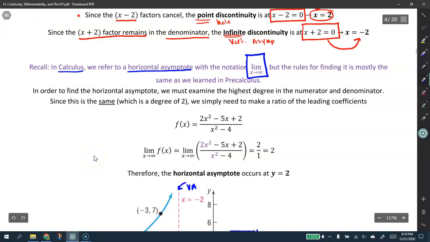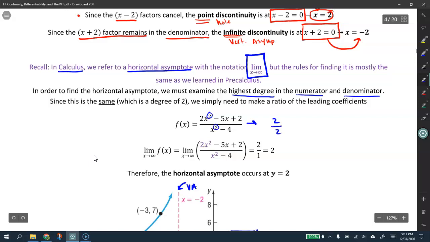What we want to do is go ahead and find the horizontal asymptote. Now, how exactly is this done? Basically, you look at the degree of the numerator and the denominator, right? So you look at the highest degree in the numerator and the highest degree in the denominator. Notice that the highest degree in the top is a 2 and the highest degree in the bottom is also a 2.